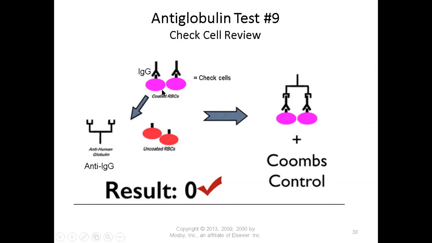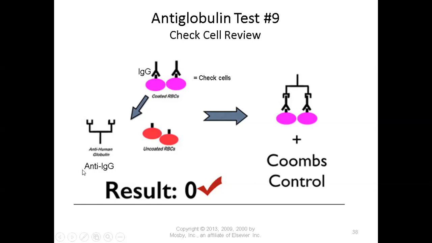And so here the check cells are a different color. They're hot pink red cells. So you can see how they have IgG already attached to them. They come that way from the company. So when we add our check cells into this tube, where there's no sensitization that previously occurred, what should happen?